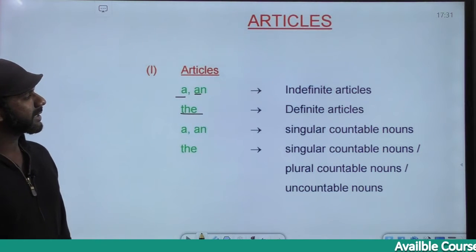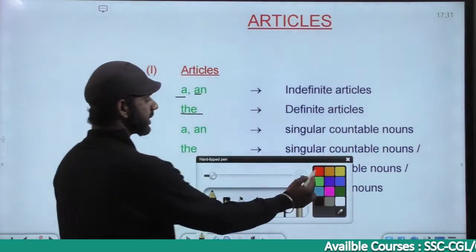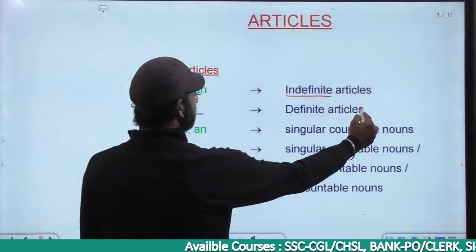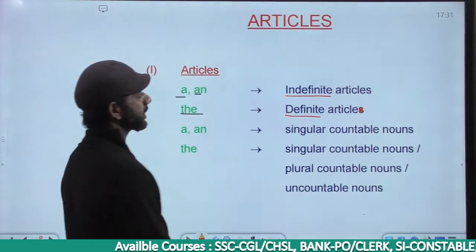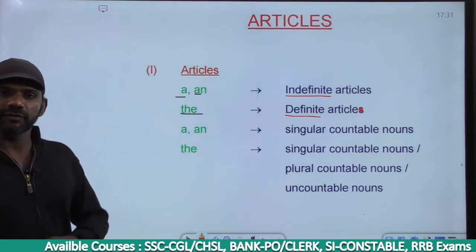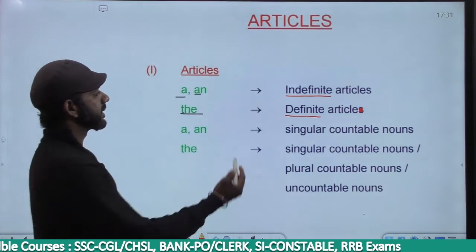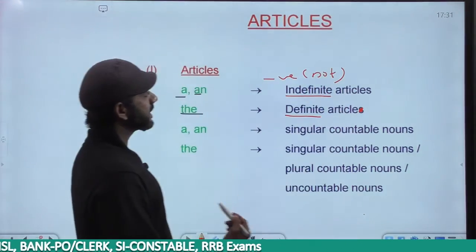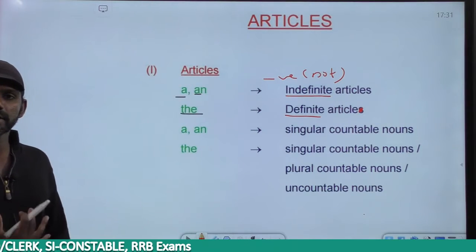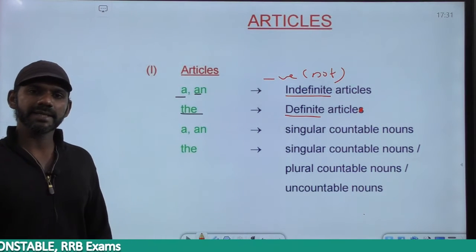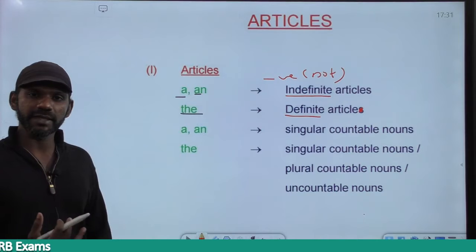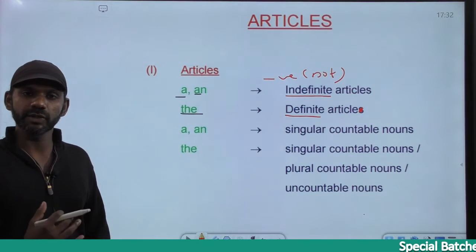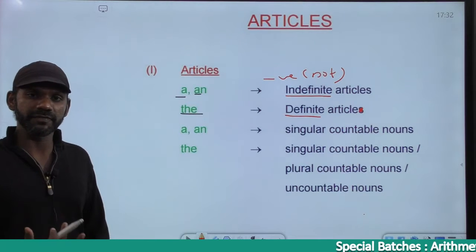A and an are termed as indefinite articles, whereas the is termed as the definite article. Now, indefinite, in is a negative prefix meaning not. So if I say indefinite, that means not definite. A and an are termed as indefinite articles because we don't use a and an to refer to a specific person or a specific object.